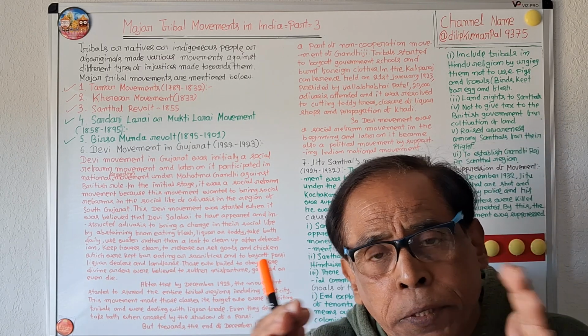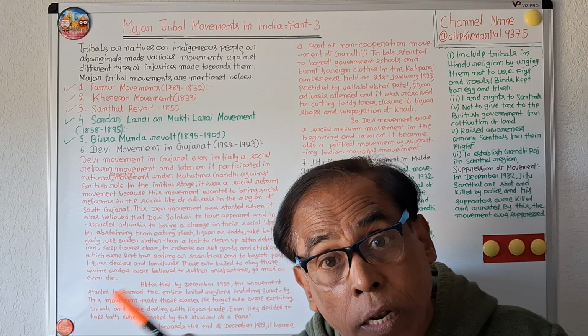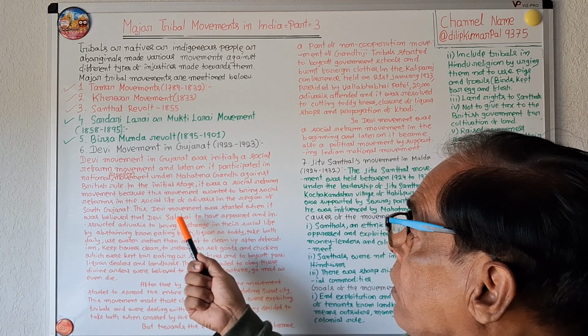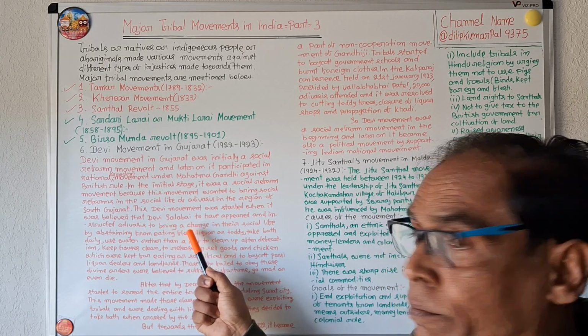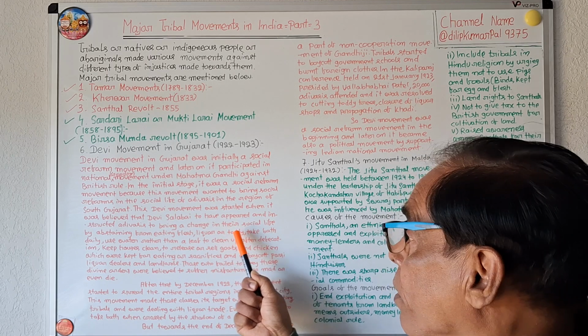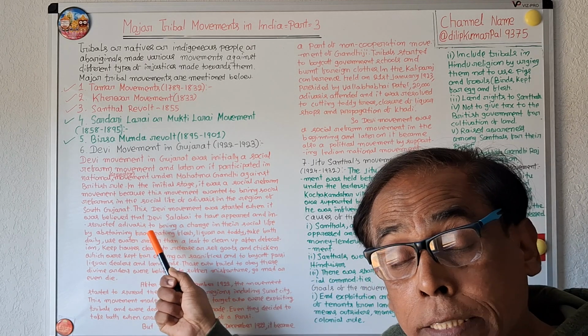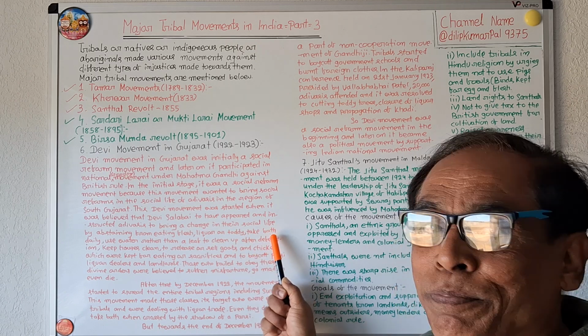So how did the Devi movement start? It was believed that Devi Salabai appeared and instructed Adivasis to bring a change in their social life.